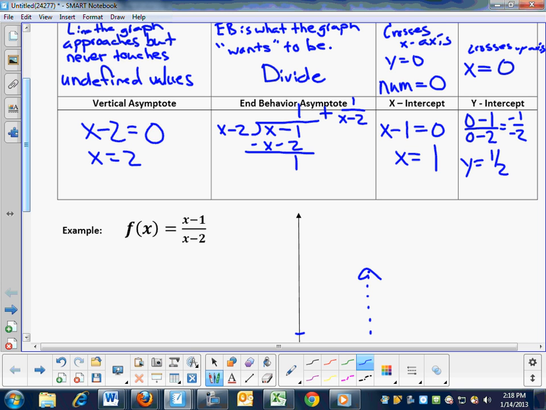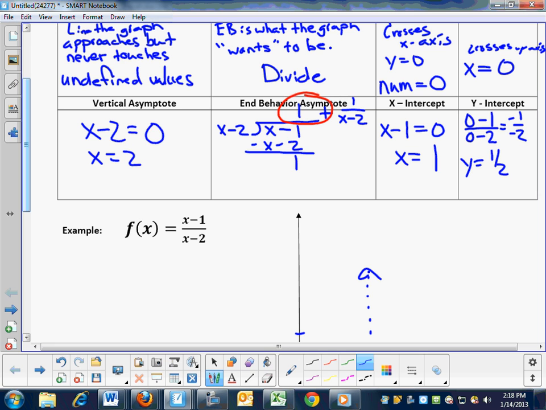All right. The next things I say are really, really important for you to understand. 1 plus 1 over x minus 2 is identical to the graph x minus 1 over x minus 2. It's just writing it in an interesting way. Where is this function undefined? Positive 2. Where is this one undefined? Positive 2. Same scenario. The difference is that this function, whatever we get without the remainder at the end, that's what it wants to look like.